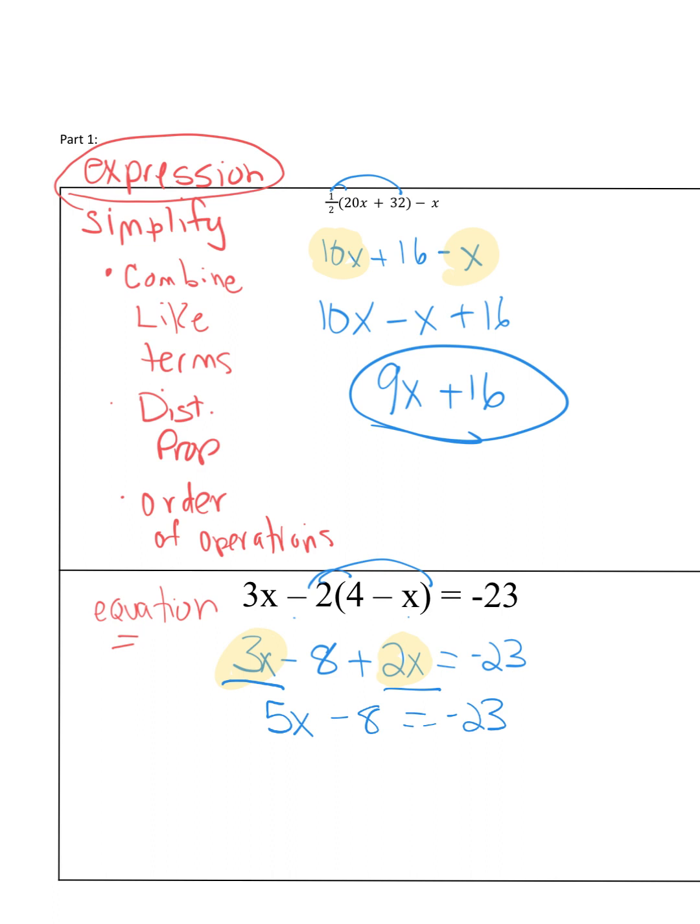And now I'm at the point where I could actually start to solve. Solve means that I'm isolating this variable x. And I do that by using inverse operations. So if I have a -8, I'm going to add 8.